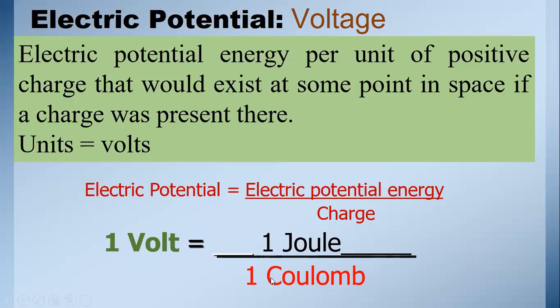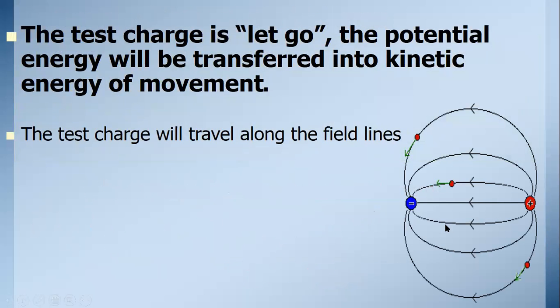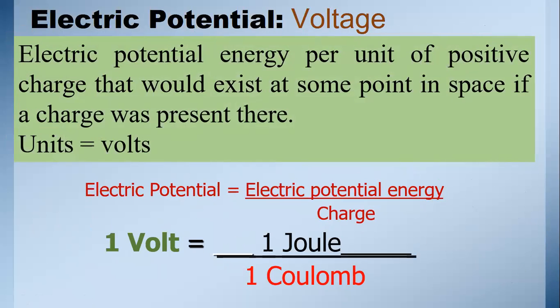So 1 joule divided by 1 coulomb is 1 volt. Electric potential is the potential energy divided by the charge amount. So the 1.5 volts in our battery tells us the energy involved there: 1.5 volts means 1.5 joules per coulomb.